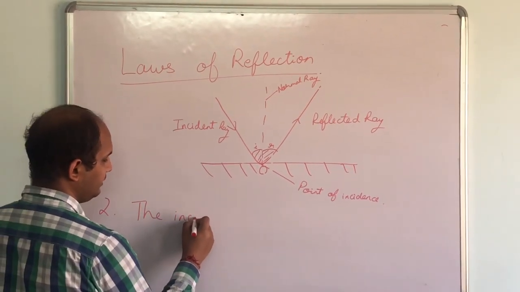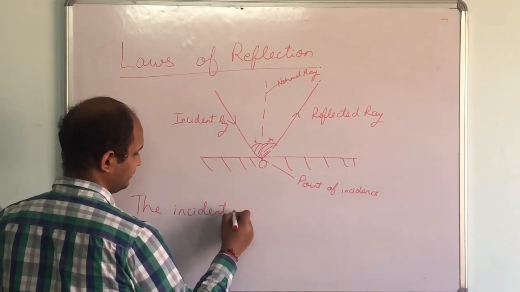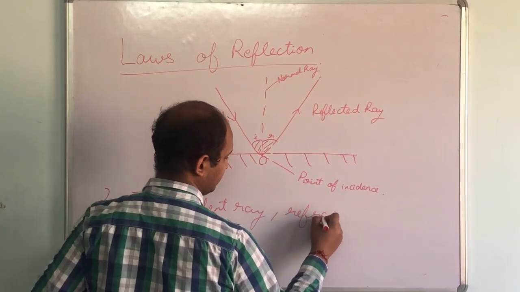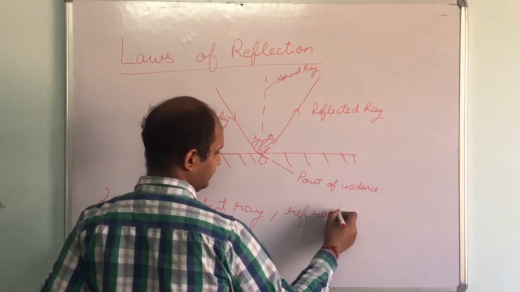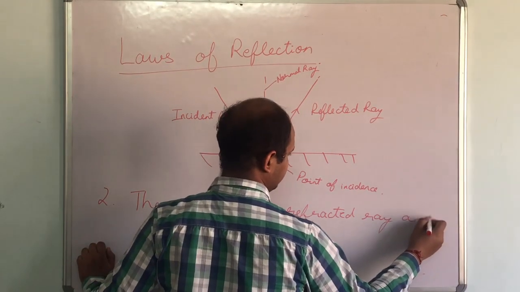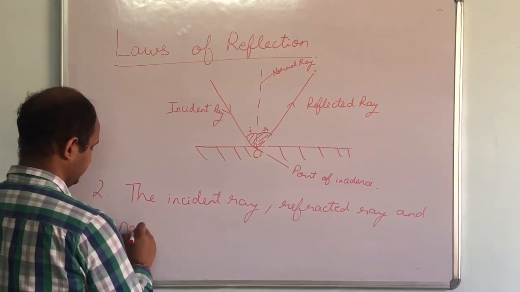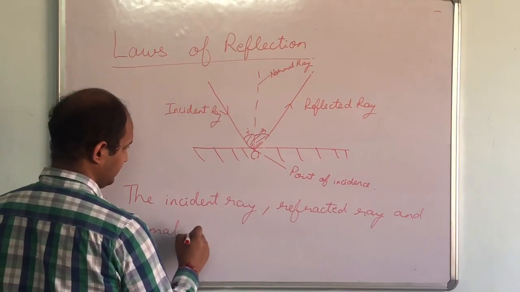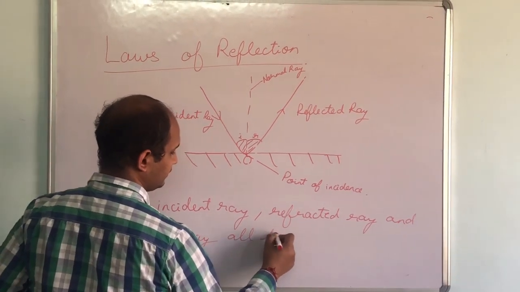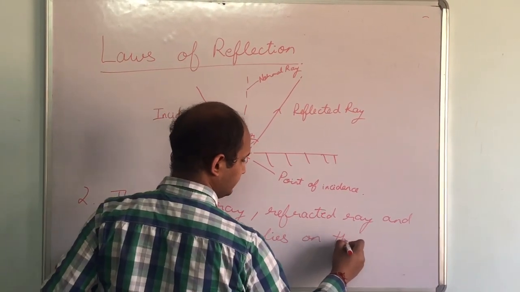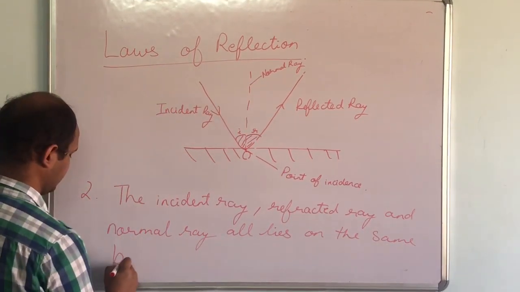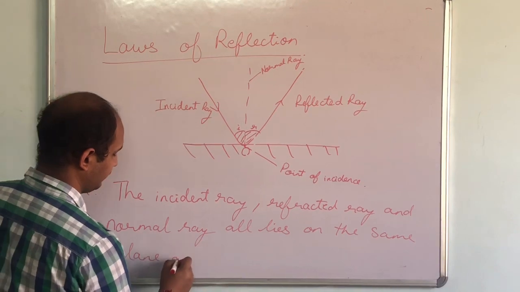The incident ray, reflected ray, and normal all lie on the same plane at the point of incidence.